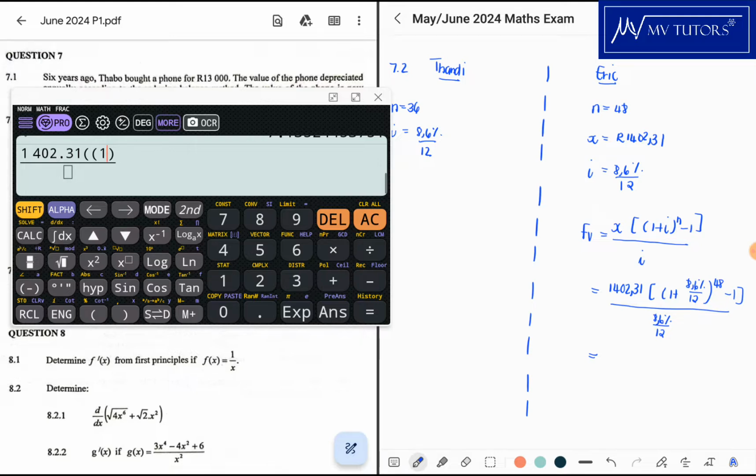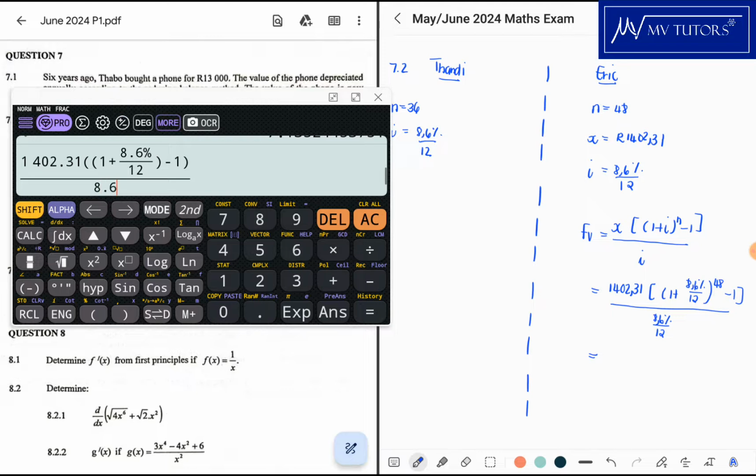Then we have 1 plus 8.6%. Where is the percentage sign? Shift percent, divided by 12. And we're subtracting 1. And we close the brackets.